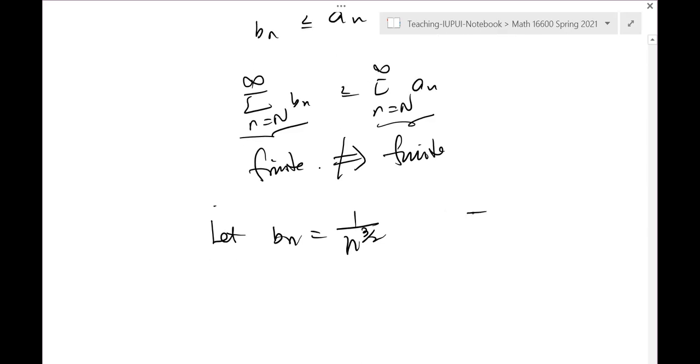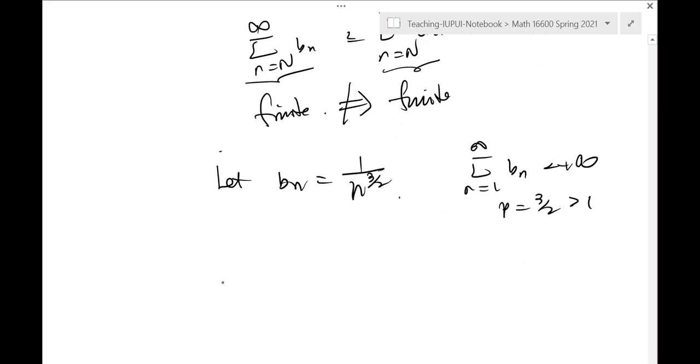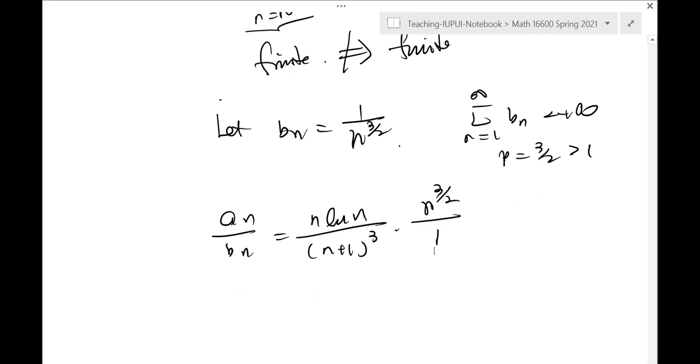This one's still finite, right? Because p is going to be 3 over 2, it's greater than 1. But then this is good enough. This decays a little bit slower. So in this case, we are going to have a limit. I can still write it in the form, let's simplify, right?